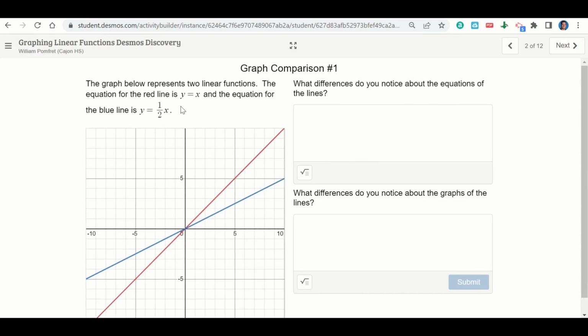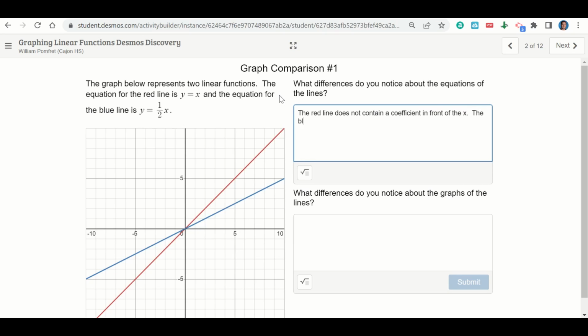On this one it says there's 2 lines graphed. The equation for the red line is y equals x, and the equation for the blue line is y equals 1/2 x. It says, what differences do you notice in the equations of the lines? Well, I can say that the red line does not contain a coefficient or a number in front of the x.